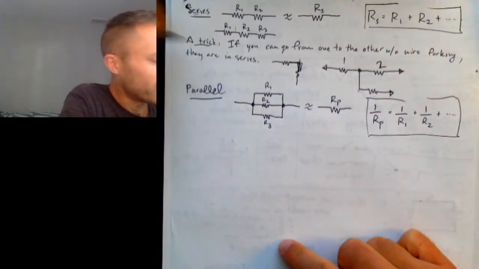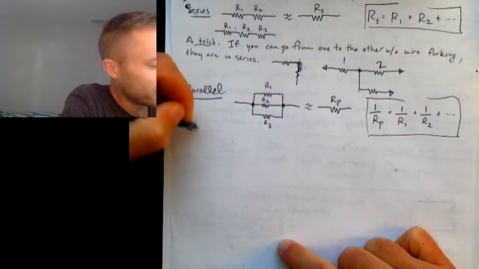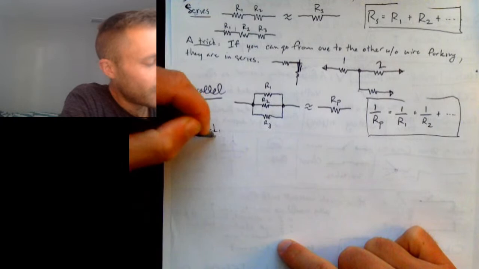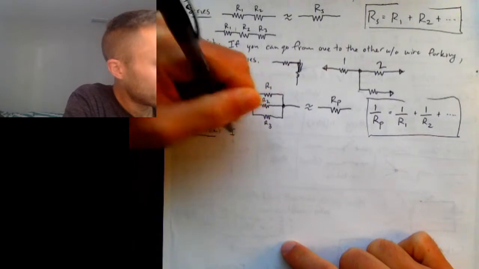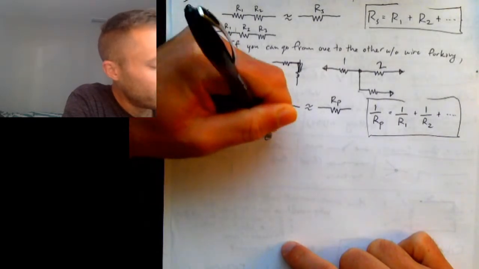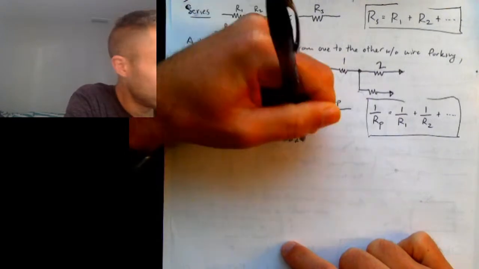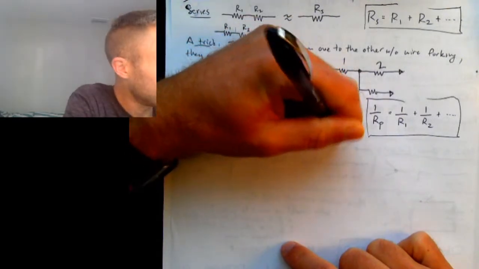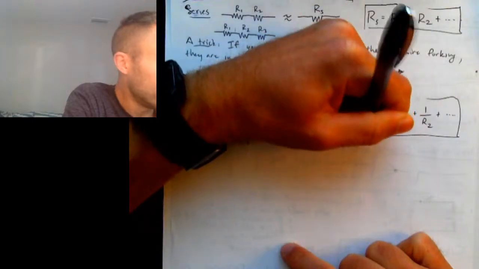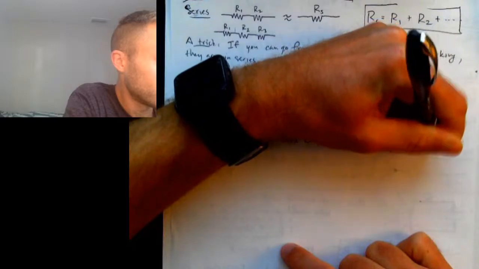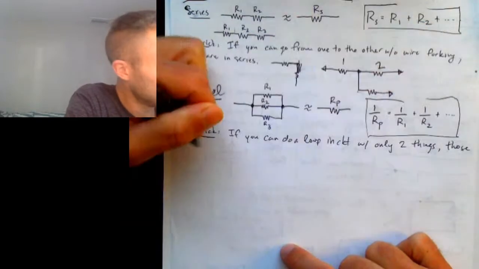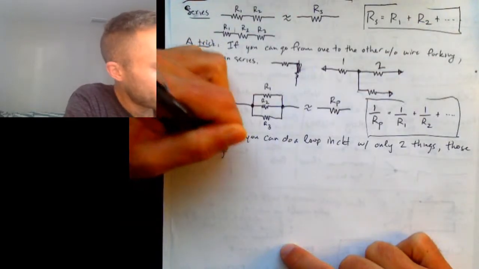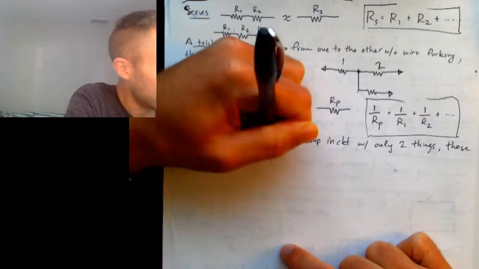So, and then let me give you a trick for identifying parallel. If you can do a loop in the circuit with only 2 things, those 2 things are in parallel.